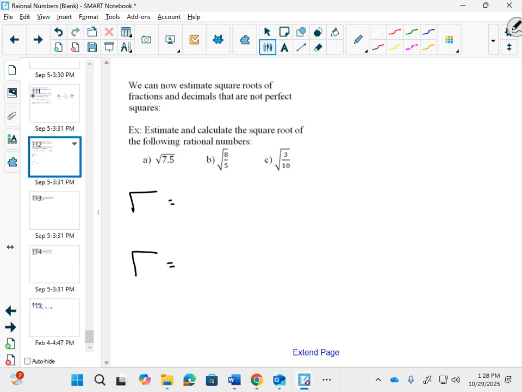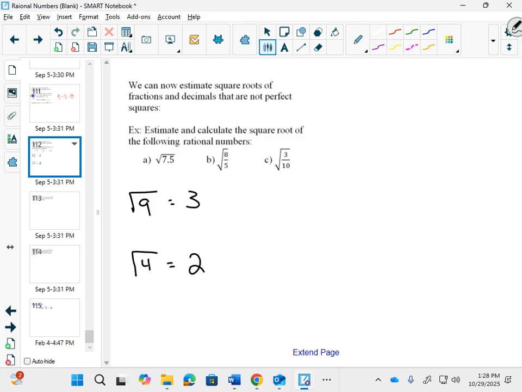Do you know the square root of 8? I don't think so. 9. Square root of 9. What is square root of 9? 3. What's the one smaller than 7.5 that you know? 4. Square root of 4 is 2. So now you got 7.5. You're going to make the best guess you can between 2 and 3 and see how close you get.